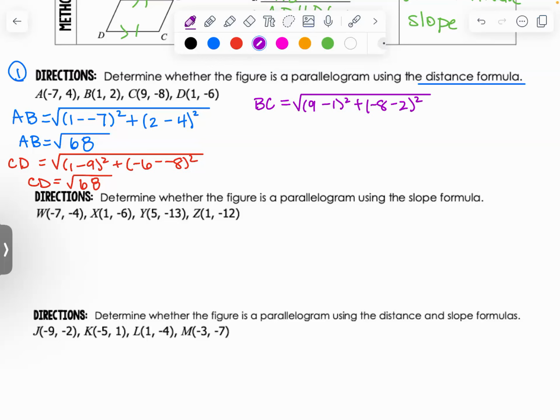All right, so we have 64 plus 100. So we have the square root of 164.